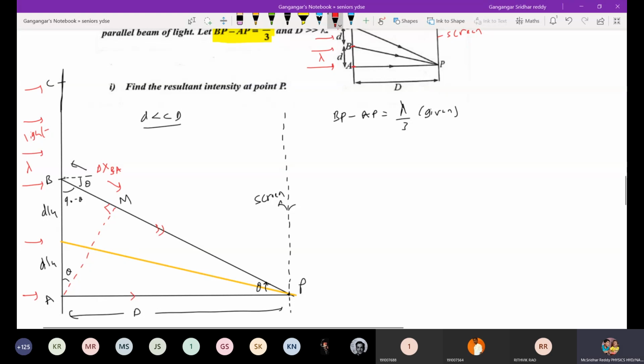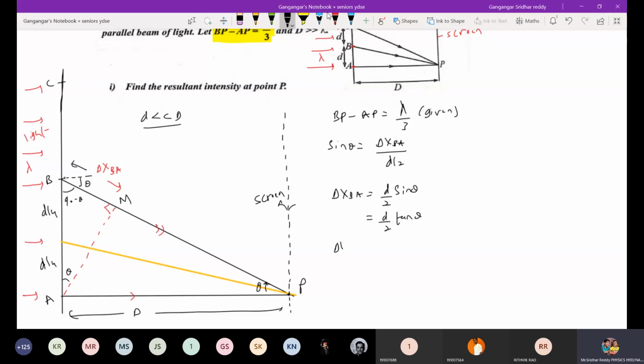So sine theta equals delta XBA by d, or delta XBA equals d sine theta. Theta very small, so this will be tan theta.